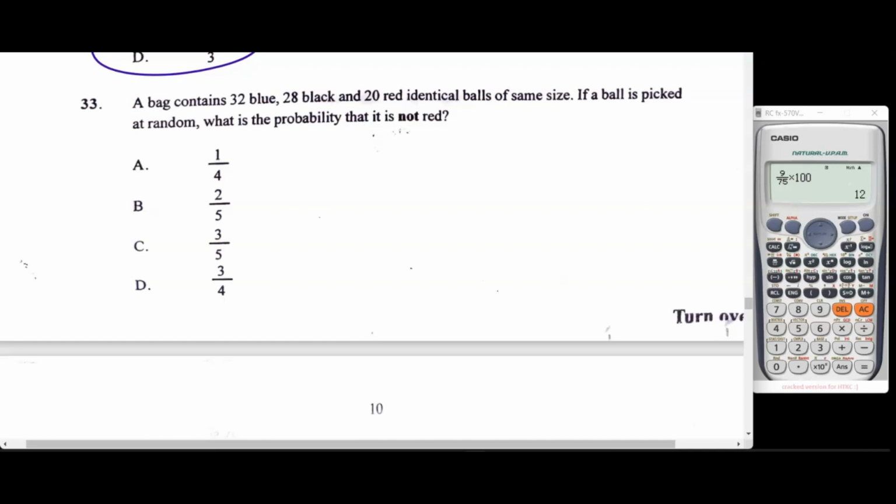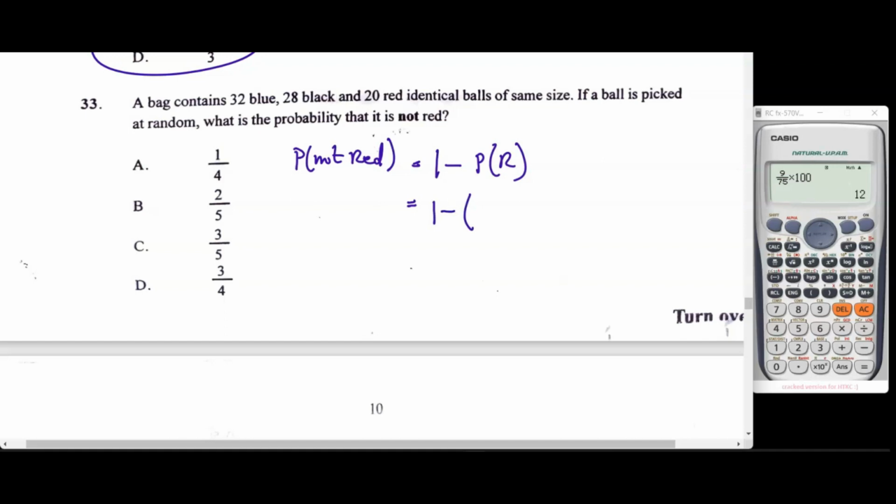So if it is not red, then it's going to be actually more of blue and black. So the probability of not red, there are two ways of doing it, will be 1 minus the probability when it is red. And I believe that's a good way of doing it. Or you can work out the probability of when it is blue and black.